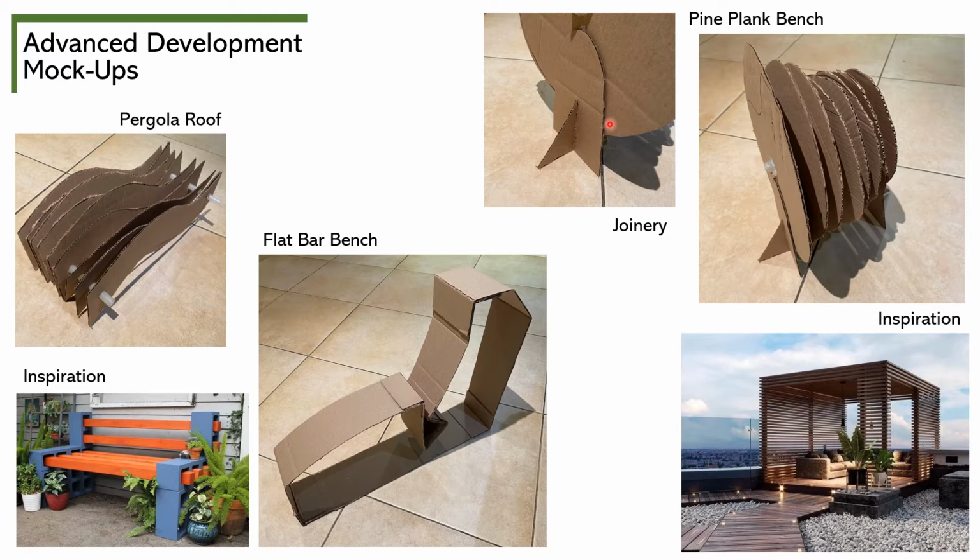And this, as you can see, is the zoomed in part of the joinery, which will be used for either side of the bench. This was an idea that I didn't follow through with, as it didn't really make use of wood that much. And this is the pergola roof, which I further developed and took inspiration from this image right here.